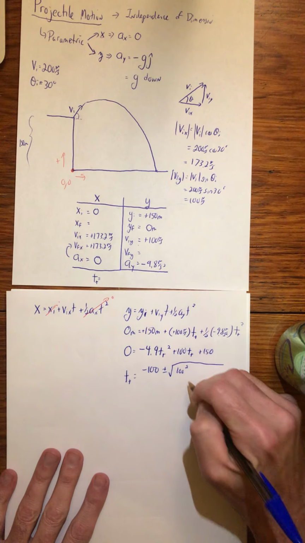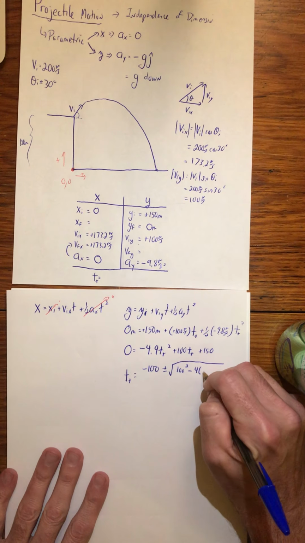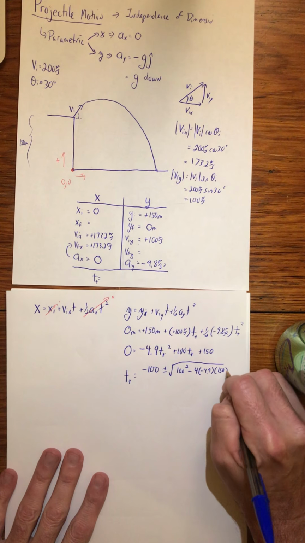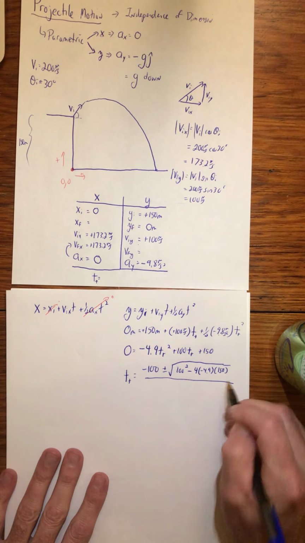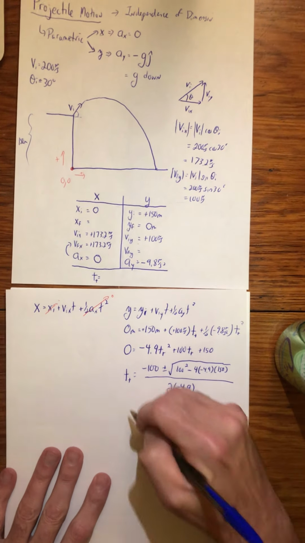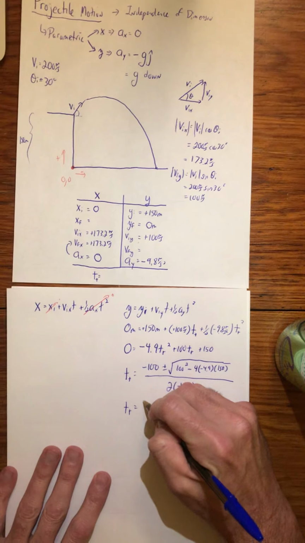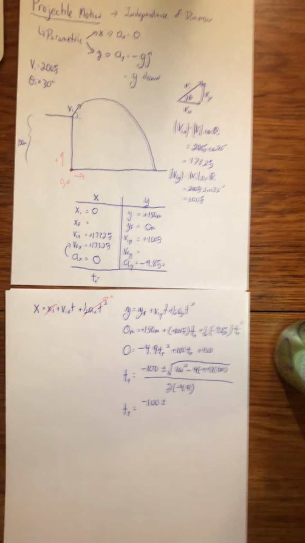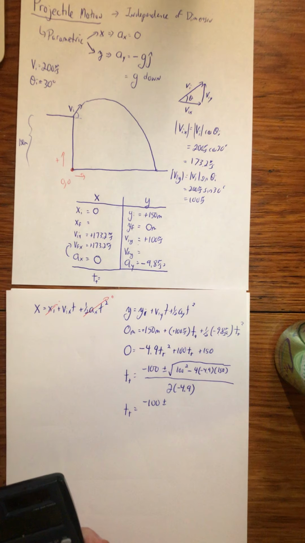Would have probably been a lot quicker, but I'm already invested. And once you're already invested, you should just plow through. There we go. Over 2 times negative 4.9. Okay, cool. So what I'm going to do here is find out what the square root of the discriminant is, what all of that good stuff is, because that's going to be helpful for me.